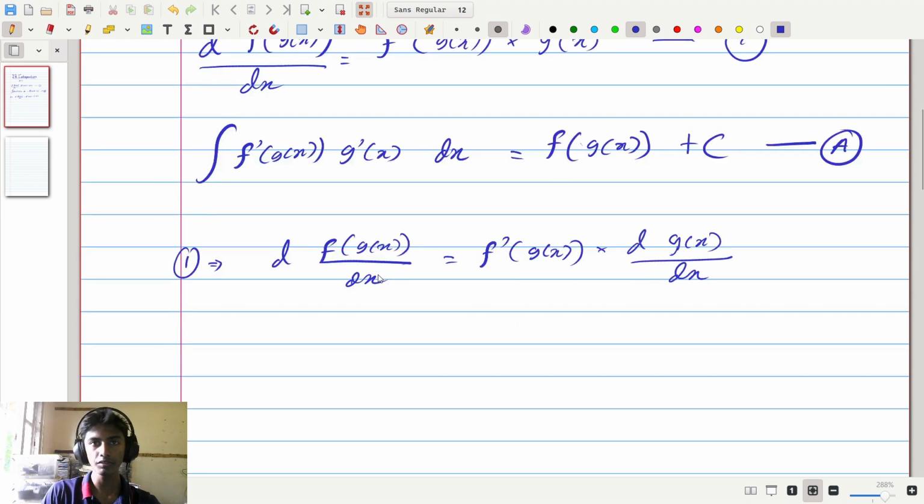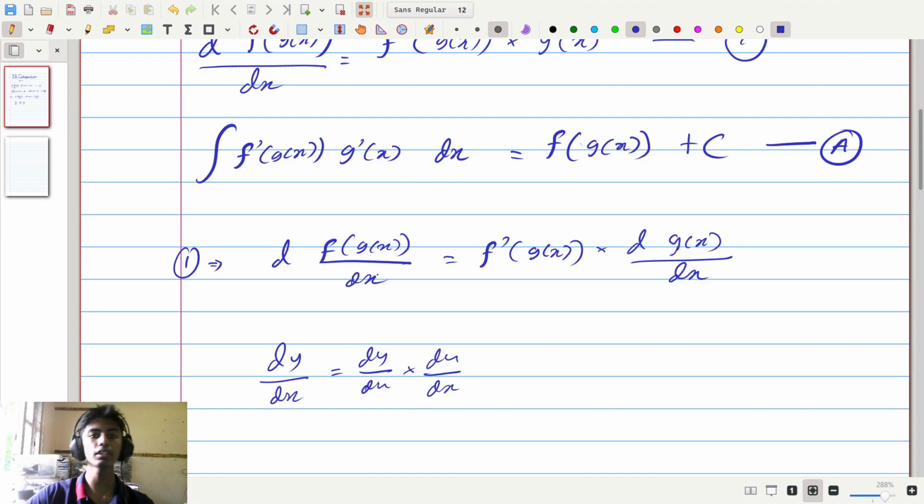The advantage of this notation is that we have a very nice pattern that we can remember. That pattern is, first off, for the chain rule, dy by dx is equal to dy by du times du by dx for some intermediate variable u.